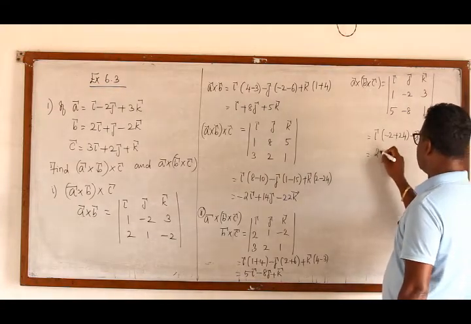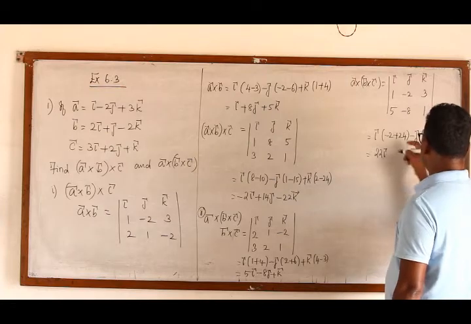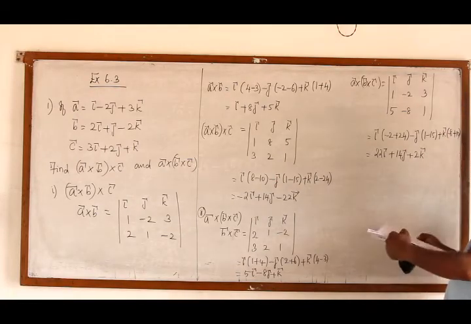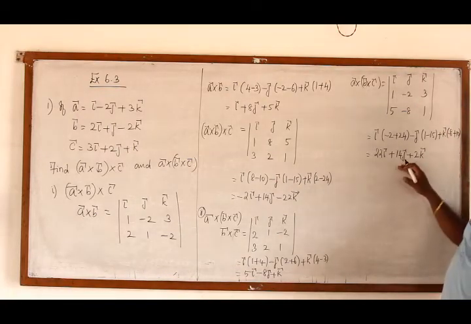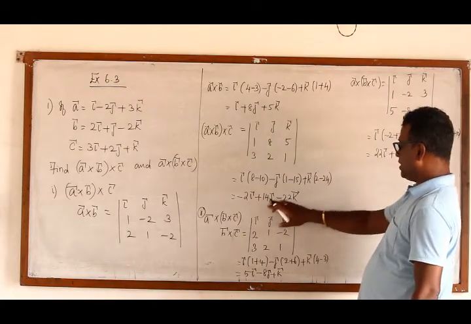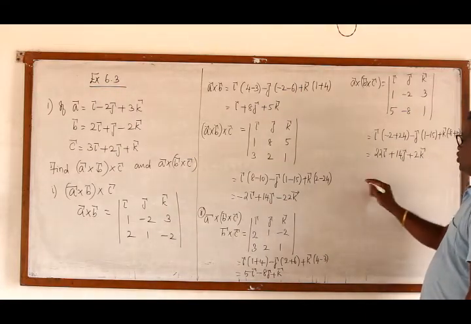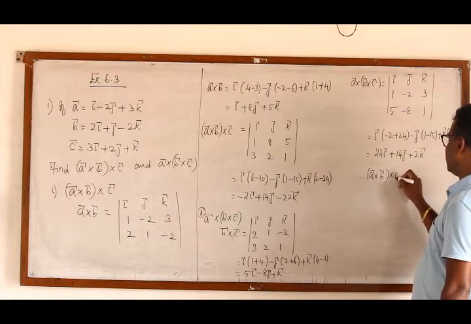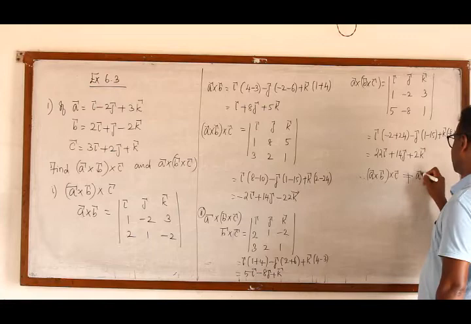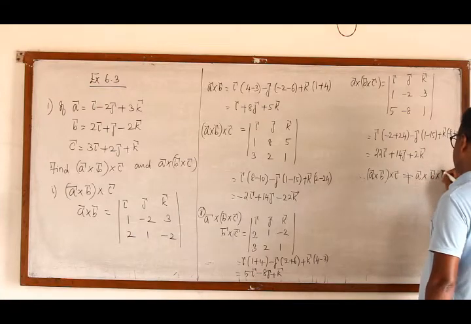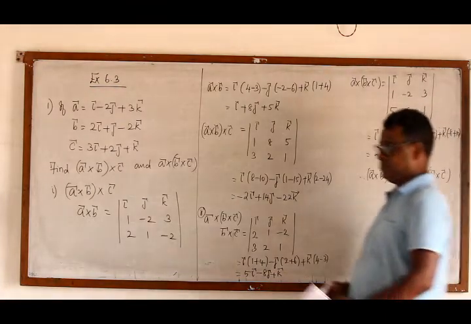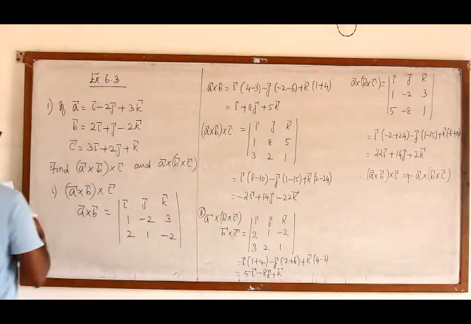So the answer is 22i plus 14j plus 2k. Now see, when you compare (A cross B) cross C and A cross (B cross C), they won't be equal. Therefore, you can write (A cross B) cross C is not equal to A cross (B cross C), because we know already in the beginning itself cross product is not associative. This is the first problem.